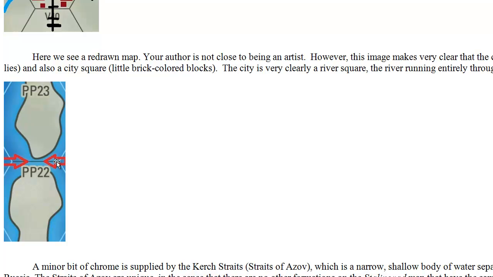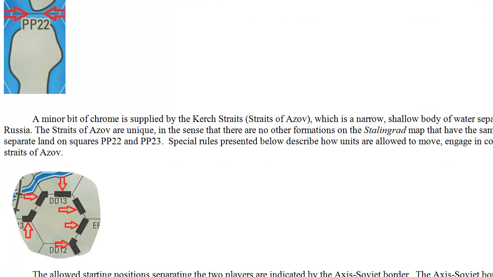There are no other points on the Stalingrad map where you get 2 adjoining land pieces, and there's no connection by land between them. There are special rules on what happens if you put enemy units on adjoining squares, how you move units across in one direction and the other, and similar such issues. So there's the Straits of Azov. It's a specific terrain feature. There's only one of them on the whole map.